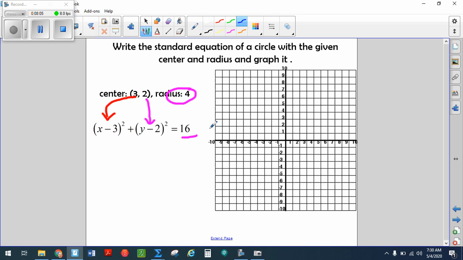Right 3, up 2, so that's this point here. I'll make my center a little bit larger.